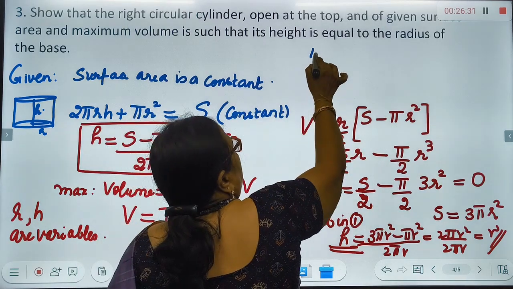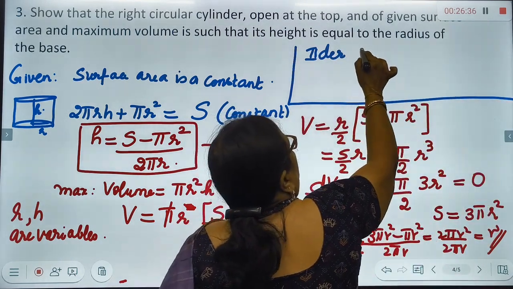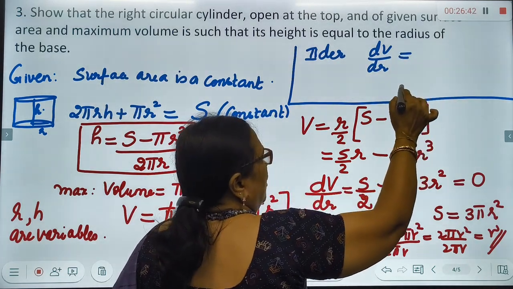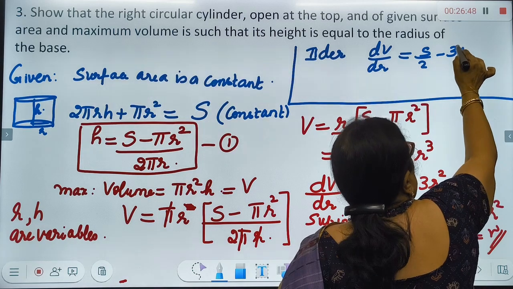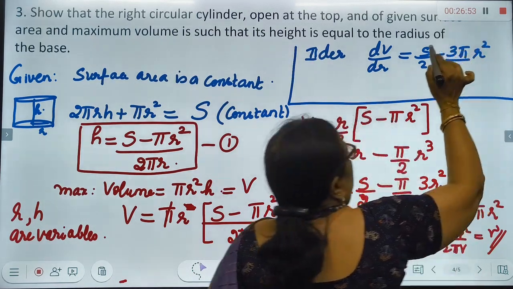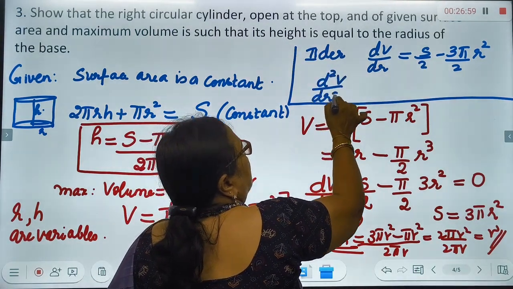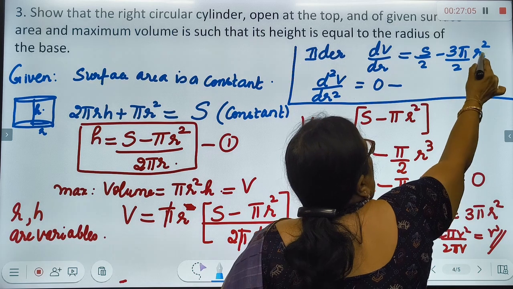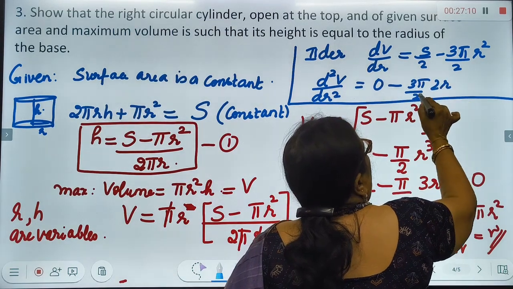So what is the second derivative? So dV by dr is equal to what? S by 2 minus 3 pi by 2 r square. d square V by dr square, this is a constant, so 0 minus, okay, r square, 3 pi by 2 you keep as it is, differentiating r square, you get 2r.